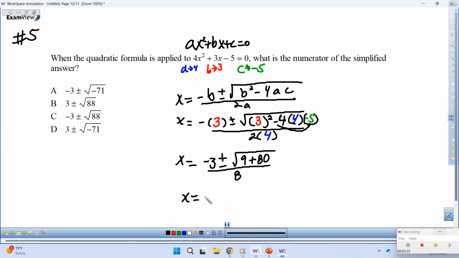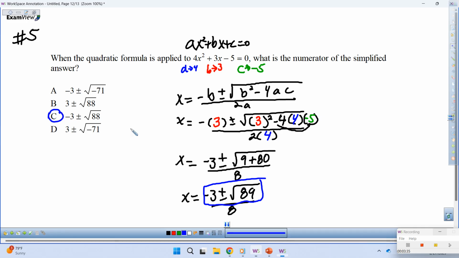And then we got x equals negative 3 plus or minus square root of 89 over 8. They're asking us to look at the numerator, which is on top of the fraction, which is this. Well, they got the number wrong because this should have been 89, not 88. However, which one looks closest to it? C.